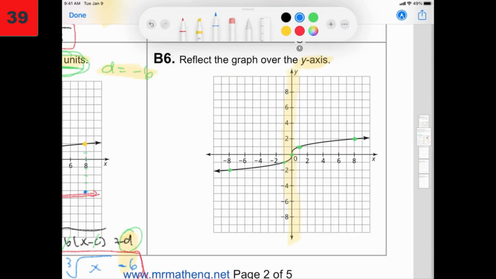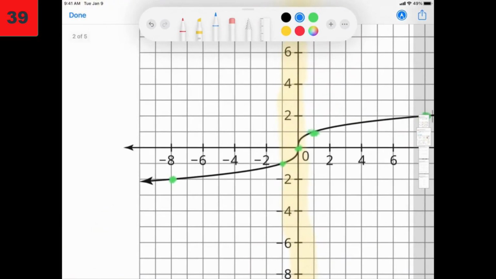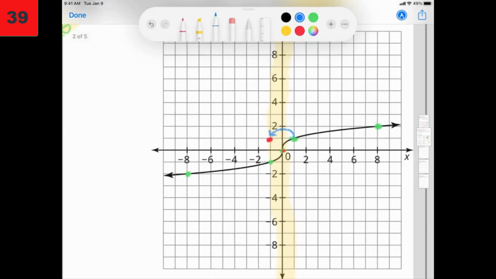Like this point is going to jump over to here. Let's do that in red. Does that make sense? All the points are going to do that. So this point over here is going to jump all the way over here. It's like the yellow line is a reflection. So another way of thinking about it is if you count 8 here, then you're going to go 8 that way. Okay?